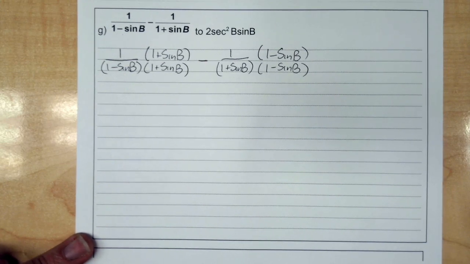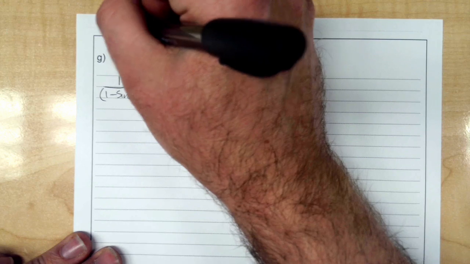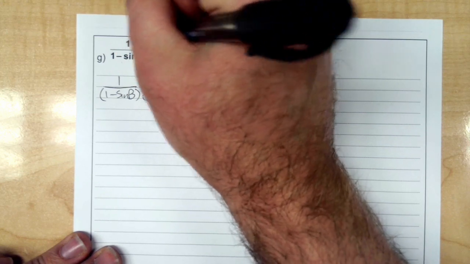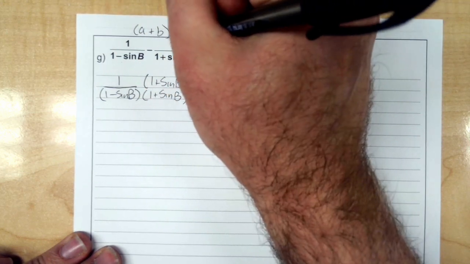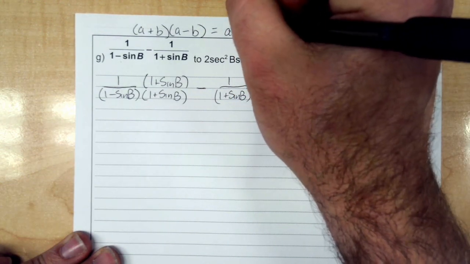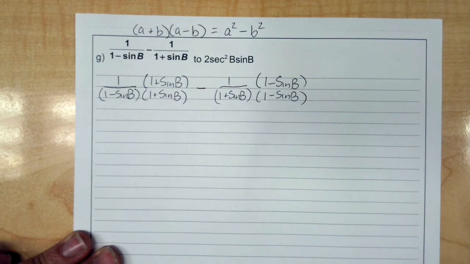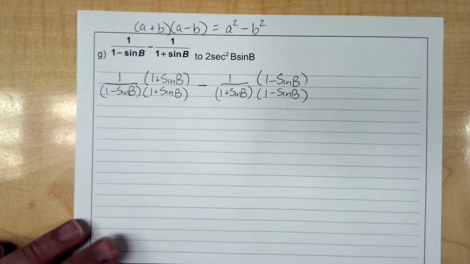If you remember some of our factoring rules from algebra, anytime you have a number plus a different number times a number minus a different number, we do have a little bit of a shortcut to say it's the first number squared minus the second number squared. And whether it's a single number or the sine of a number, doesn't really matter. We can still use the same rule here.